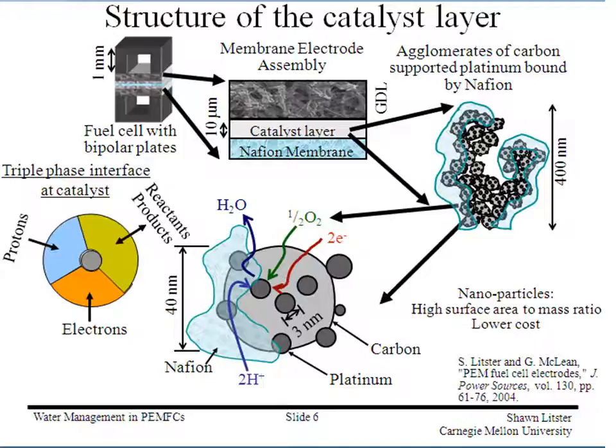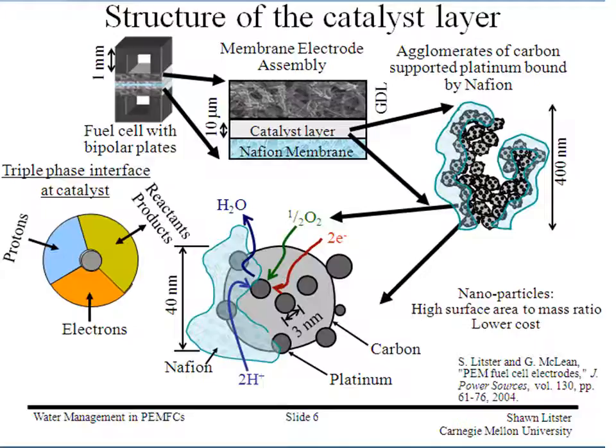Some of the water can leave as water vapor, in which case it's fairly easy for it to leave. But if it's leaving as water vapor, and we're at 1 atmosphere, the higher the water vapor concentration, the more it's going to eventually eat into the amount of oxygen, which means that your rates will start dropping, as we saw either from the Butler-Volmer equation or from the Nernst equation, the Nernst potential.